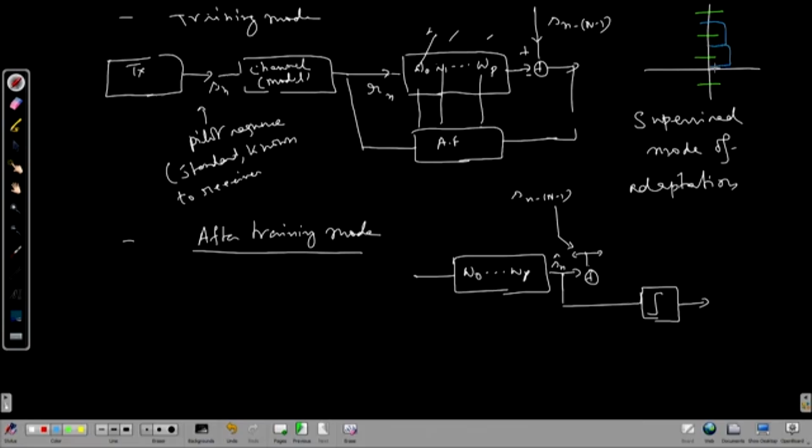Suppose Sn cap is somewhere here, and this is the actual Sn. This quantizer will correctly quantize it to this value, because this is the zone. So, this quantizer output I take as the trainer, with of course this much delay.